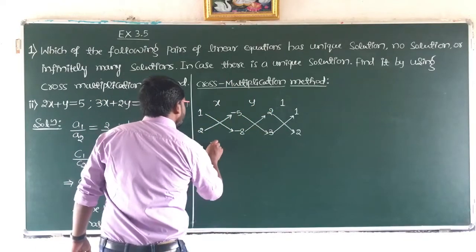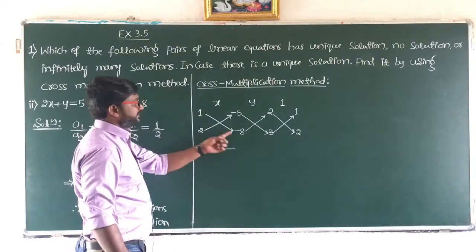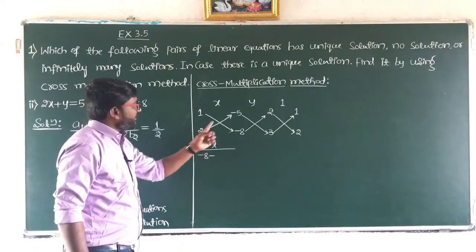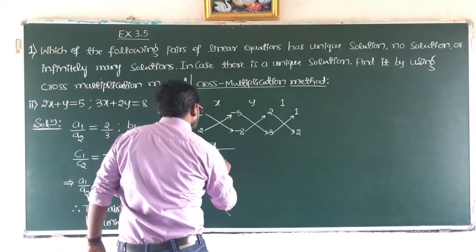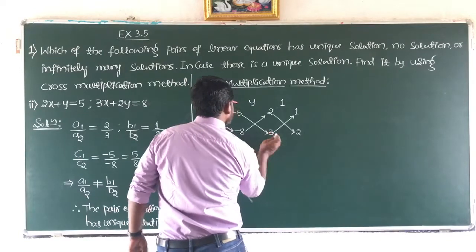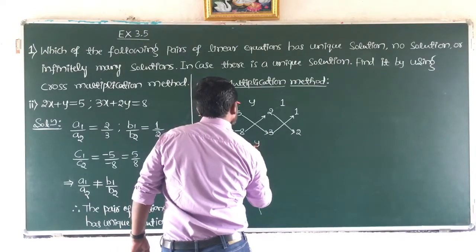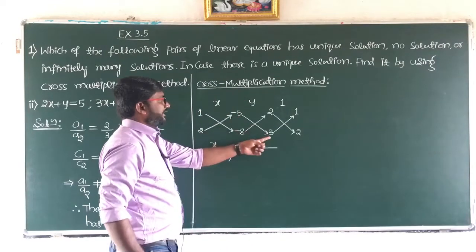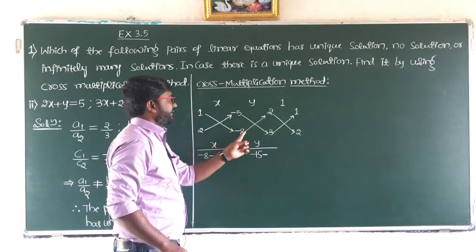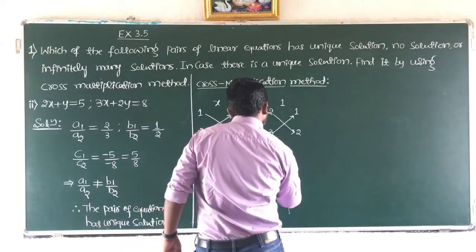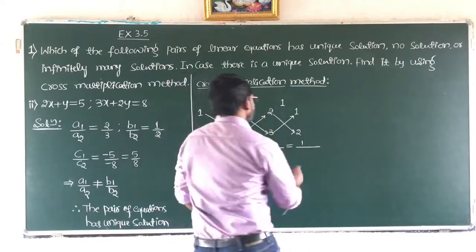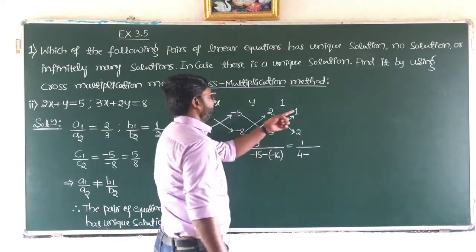So x divided by the multiplication of these two, it is minus 8, minus 2 into minus 5, which is minus 10, equals y divided by minus 5 into 3 which is minus 15, minus minus 8 into minus 2 which is minus 16, equals 1 divided by 2 into 2 which is 4, minus 3 into 1 which is 3.